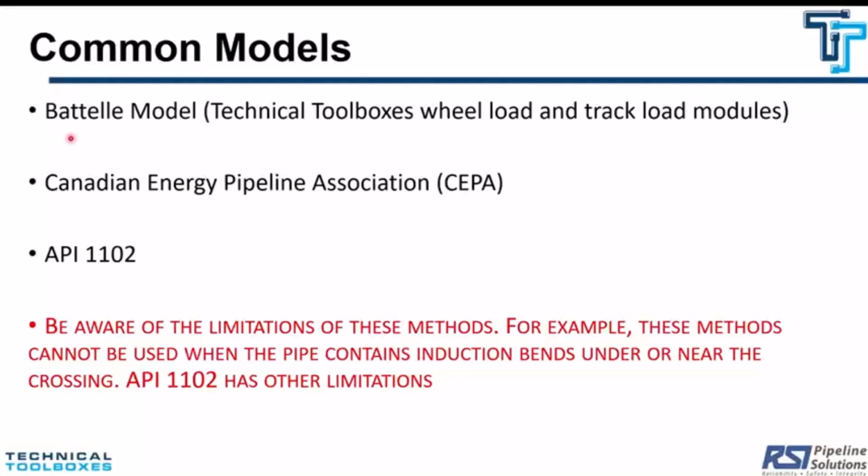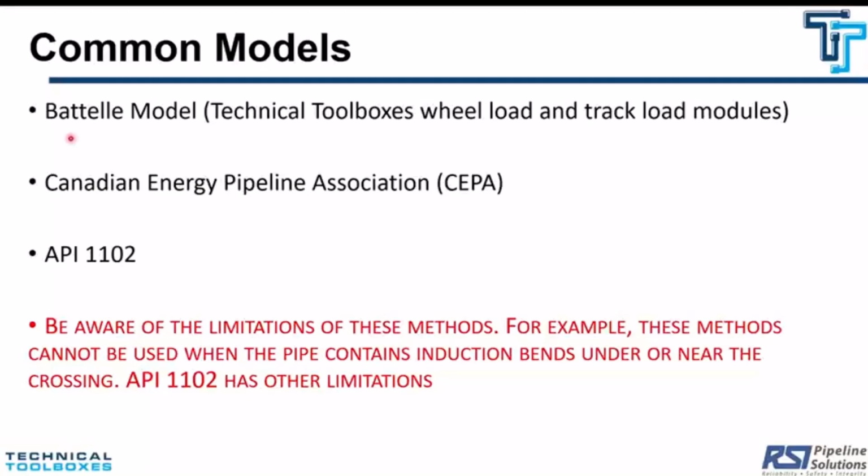So does CEPA. But CEPA is more flexible and I should say more accurate than the Battelle model for a couple of reasons. It's more flexible because there are more configurations that you can analyze on the CEPA calculator. For example, if you have a vehicle that crosses the pipeline at an angle, 45 degree or 20 degree or whatever, you can use the CEPA calculator for that. Whereas in the Battelle model, you can't change the angle.